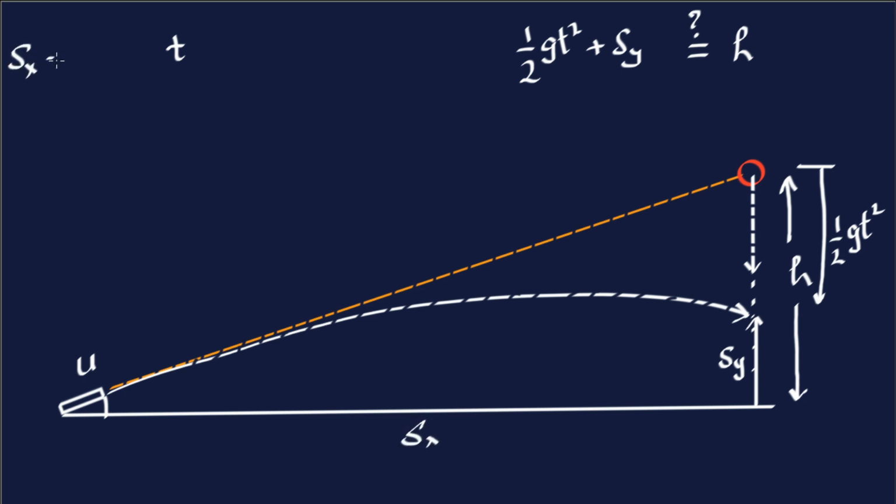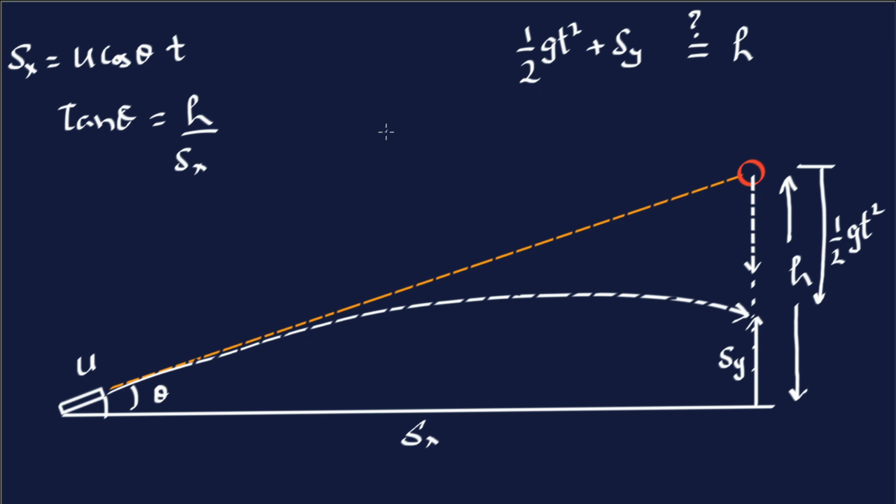So sx is going to be equal to u cos theta t, where theta is the initial angle, this. Now from this triangle, you can also see tan theta is equal to h by sx. The nice thing about making a drawing is that you can start writing down all the relationships that you can see from the drawing, and they will help you solve the problem.